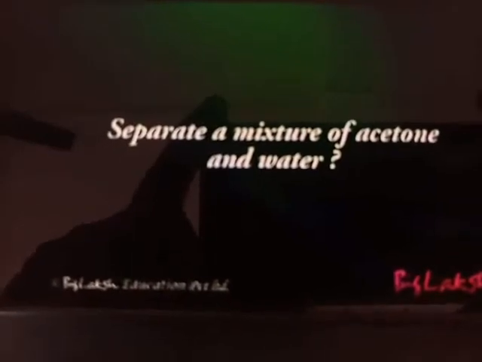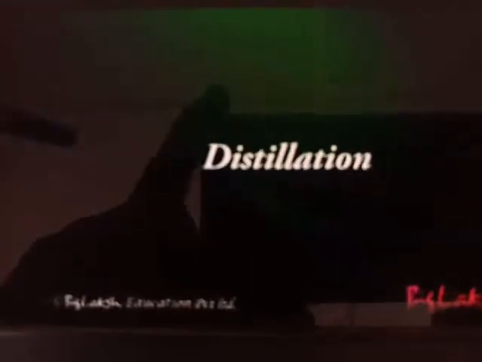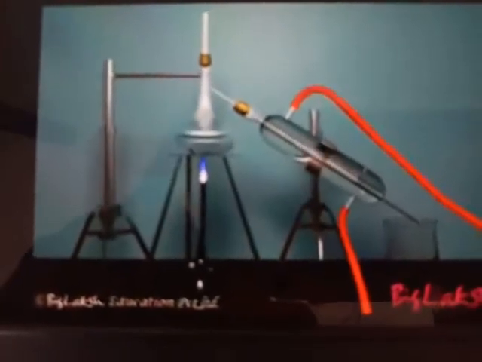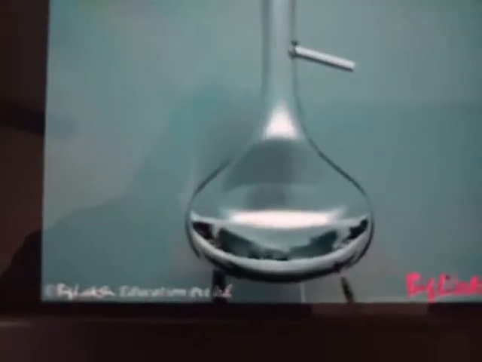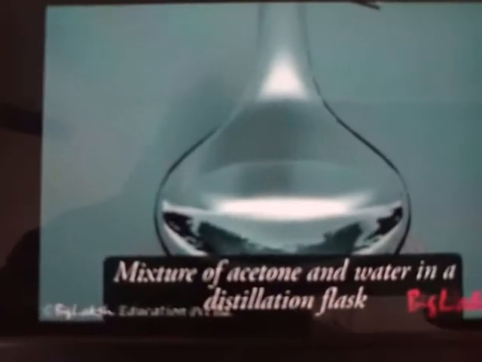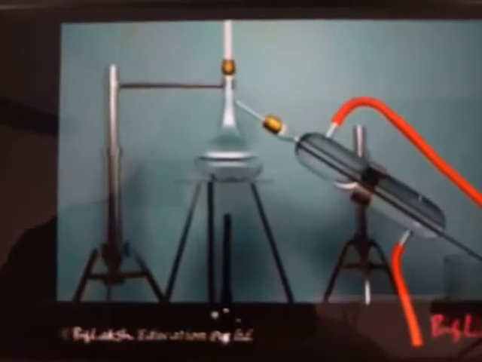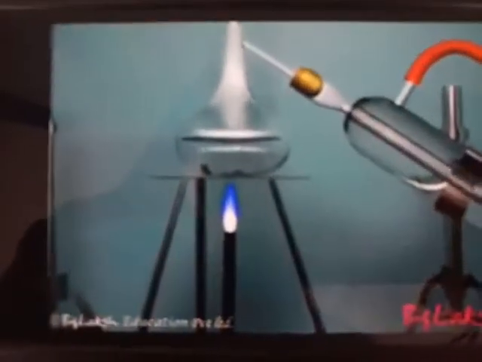Can we separate the mixture of acetone and water? Think. Yes, it can be achieved by distillation. Let us have a look at the procedure of separation using the distillation method. Firstly, take the mixture in a distillation flask fitted with a thermometer. Observe carefully how the apparatus is arranged. Then heat the mixture slowly, keeping a close watch on the thermometer.